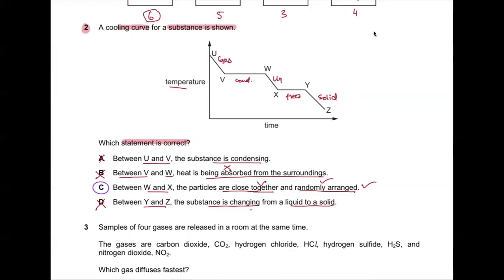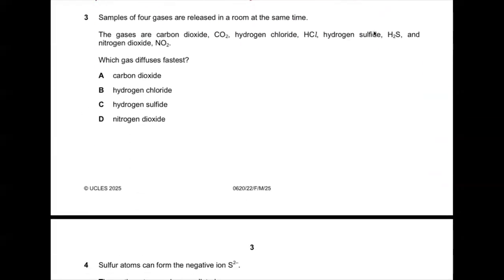Is this clear to all of you? Now, question number 3. Four gases are released in a room at the same time. The gases are carbon dioxide, hydrogen chloride, hydrogen sulfide, and nitrogen dioxide. Which gas diffuses fastest?